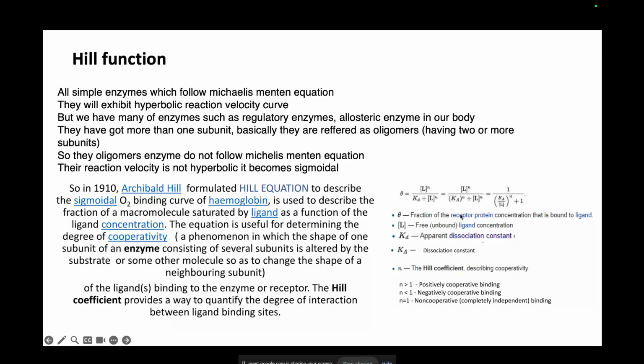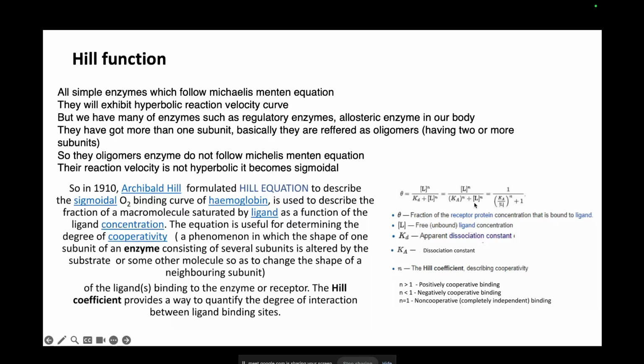Your theta is the fraction of the receptor protein concentration that is bound to the ligand, which is basically the concentration of your enzyme substrate complex, right? It is given as a fraction, but it's actually telling you how much of the enzyme substrate complex has been formed. On top is the free ligand. This is your constant for dissociation or association or whatever.